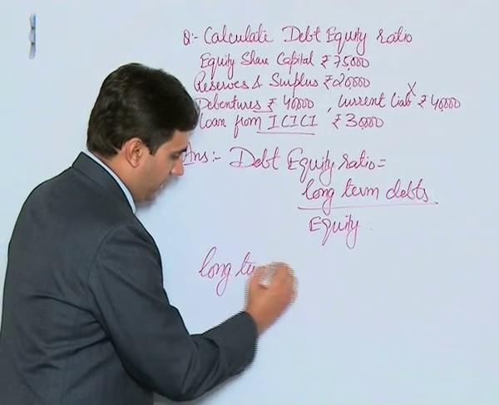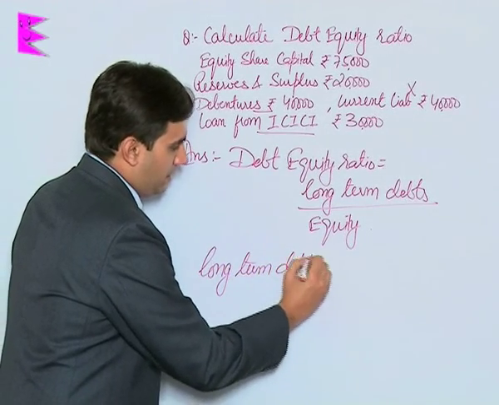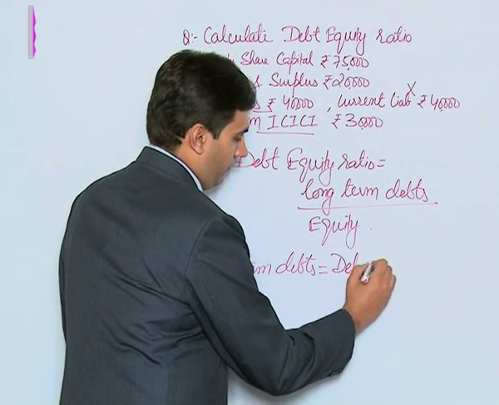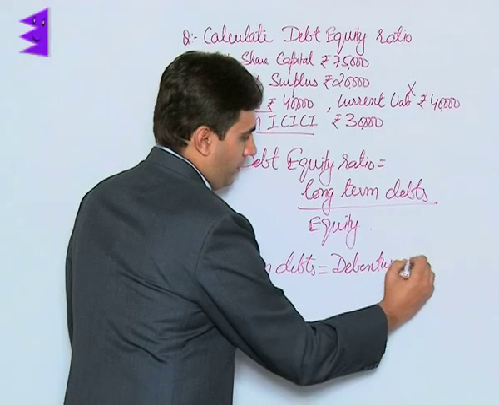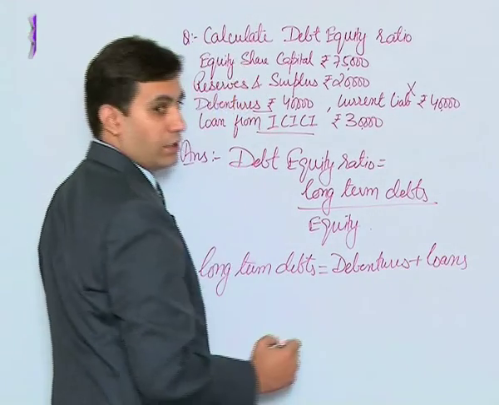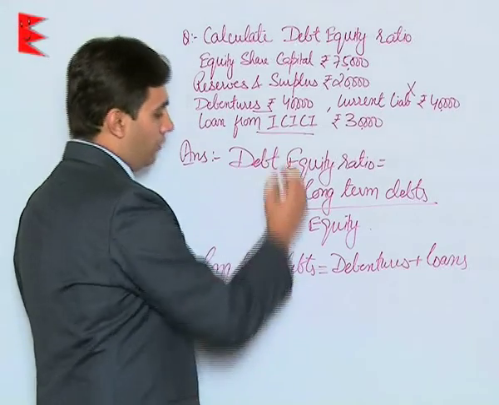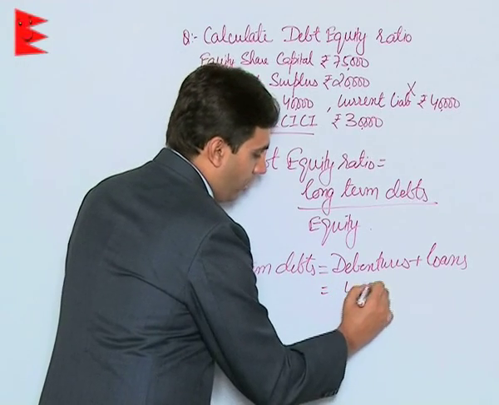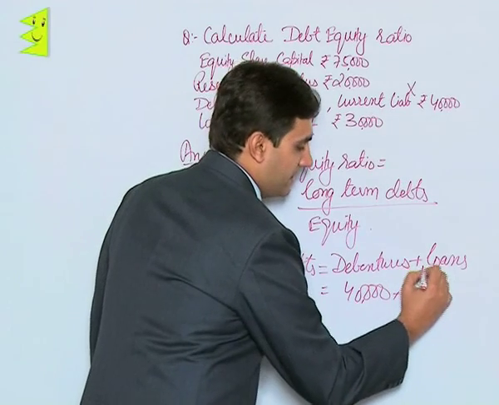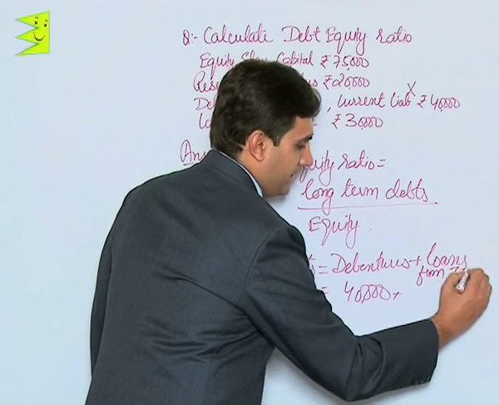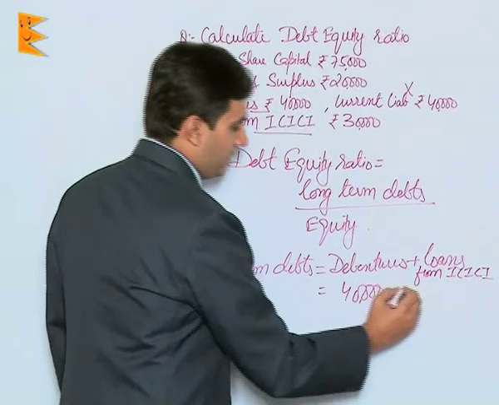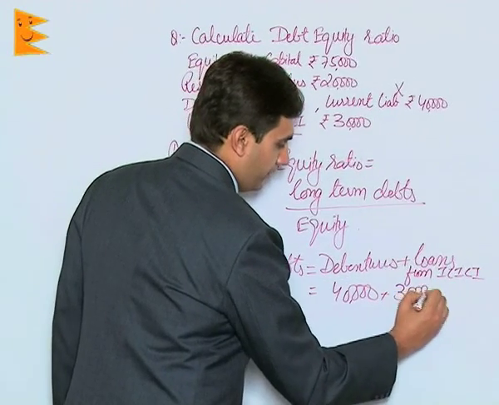Long-term debts are equal to debentures plus loans. Debentures have a value of 40,000 and loans from ICICI have a value of rupees 30,000.